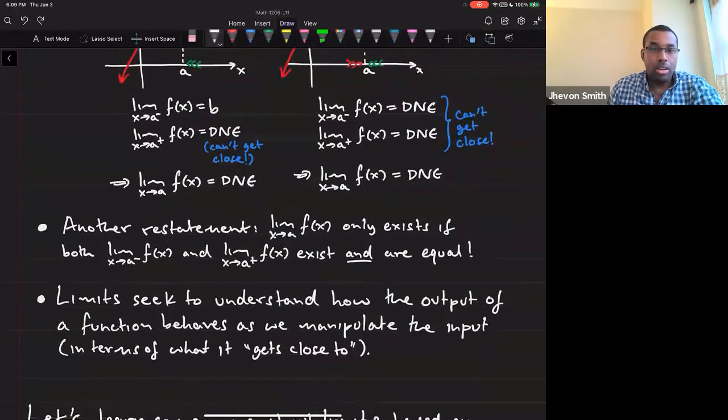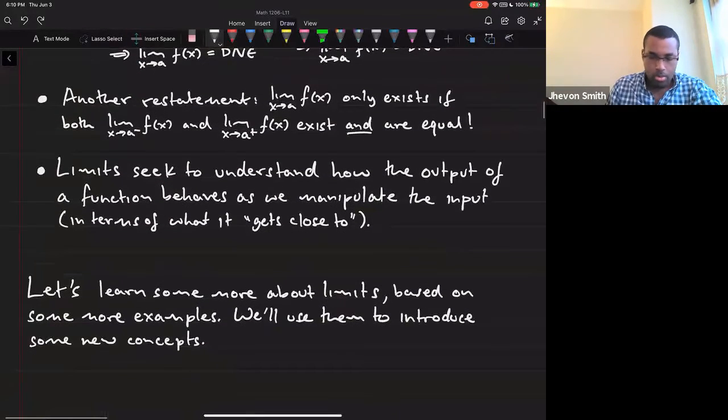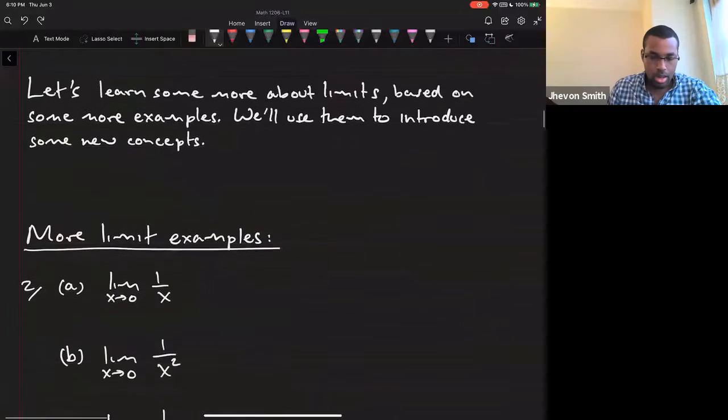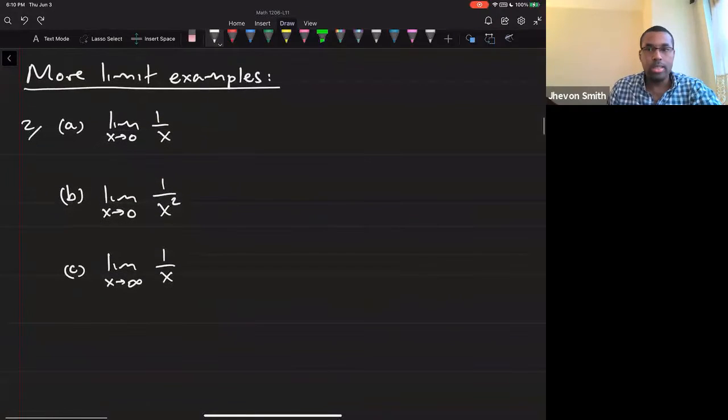Limits seek to understand how the output behaves as you manipulate the input, in terms of what it's getting close to. That's what you really want to take home, right? So it's not exactly the same as plugging in a value and evaluating the function, although there's a specific situation in which it can seem like that, and it can actually be like that, and we'll talk about that later. So let's learn some more about limits with those examples that I asked you to do, and it'll cause us to introduce some new concepts.